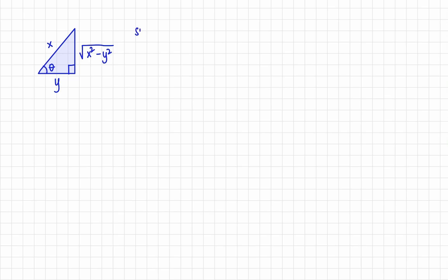And so, sine theta is equal to the opposite side, square root of x squared minus y squared over x. Cosine theta is equal to y over x. And tangent theta is equal to square root of x squared minus y squared over y.